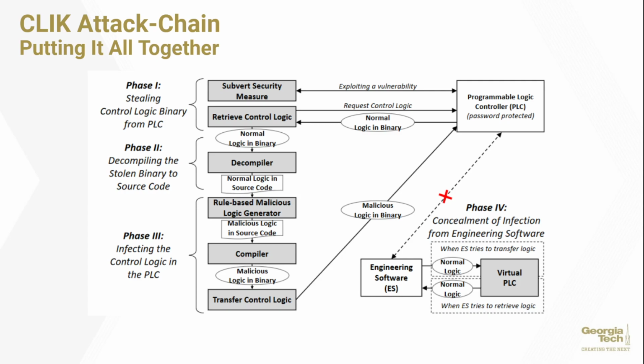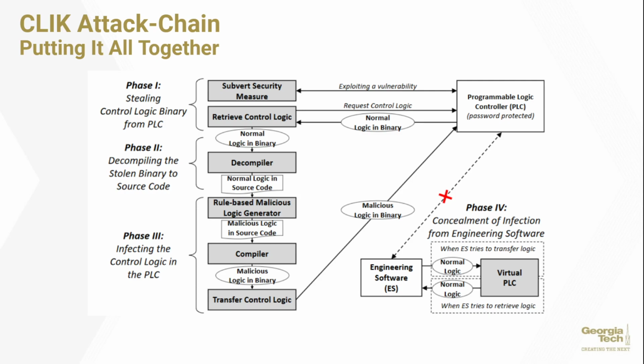This source code is then used in phase 3 by the rule-based malicious logic generator, which, based off the 5 rules that we stated earlier, generates malicious logic. Once that logic is generated and inserted into the source code, it's compiled back down to a binary and transferred to the PLC as malicious logic in binary.